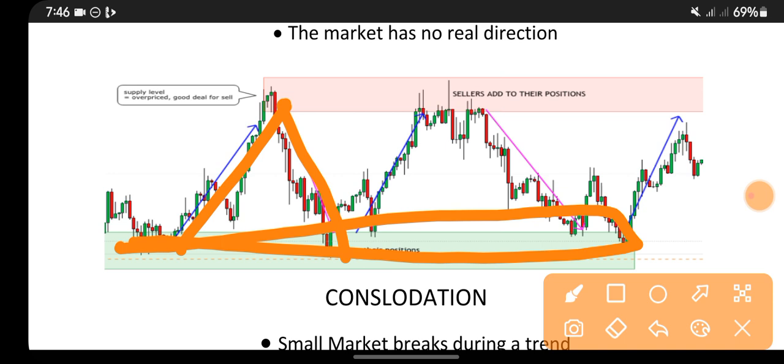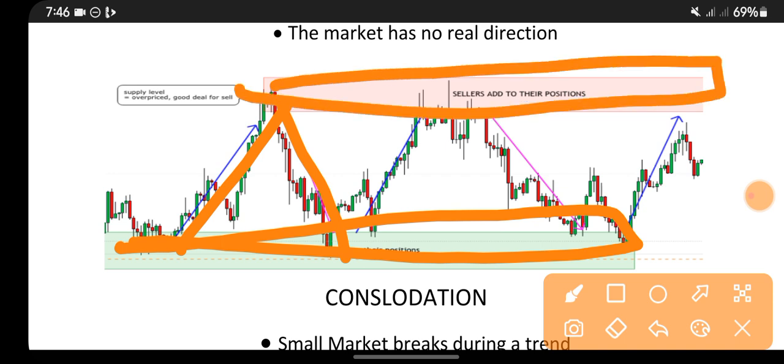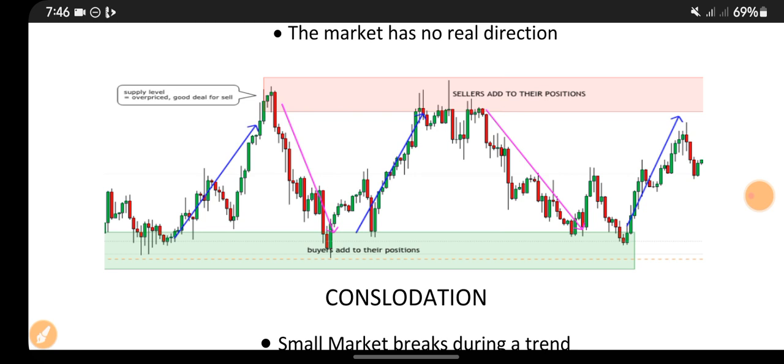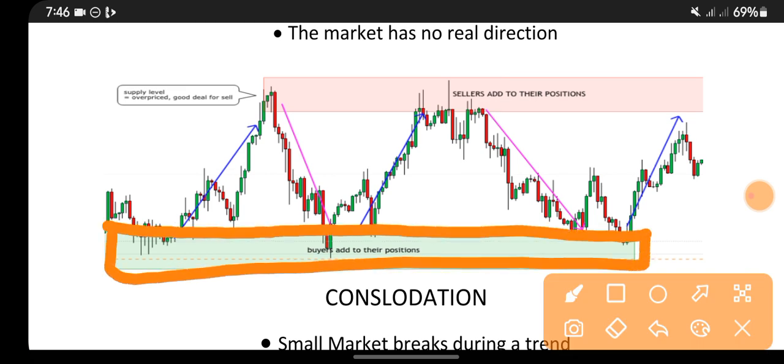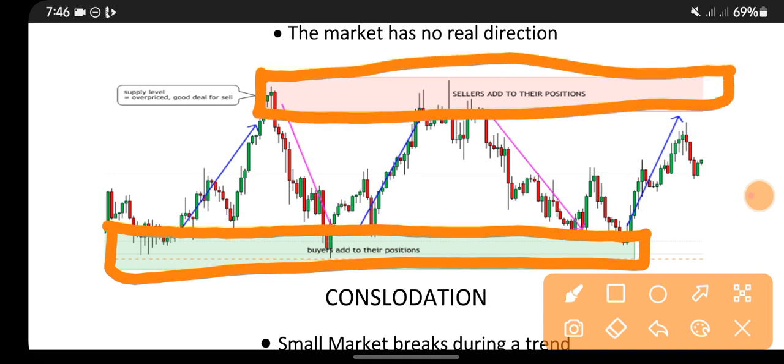So this is the demand zone, this is a supply zone. We call something hedging, whereby one trader will put buying positions here, and then those same traders will put selling positions here. Not every broker allows this, but that same trader will be doing this.